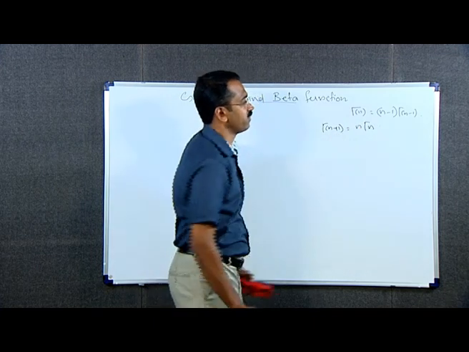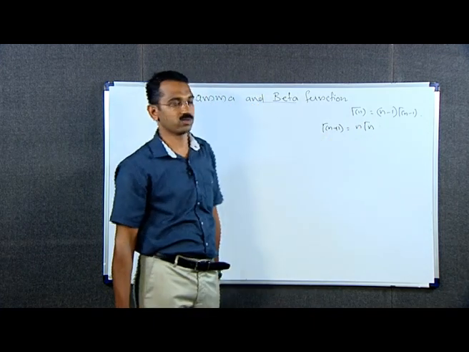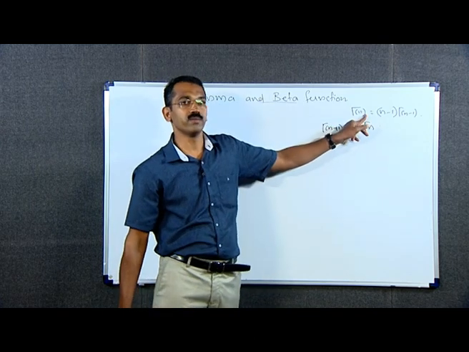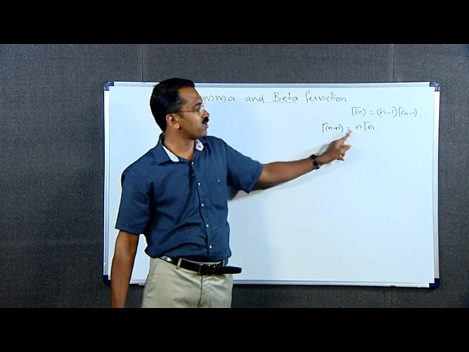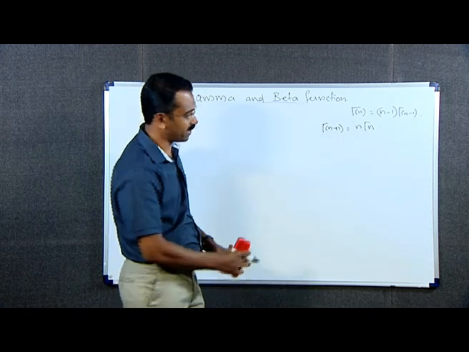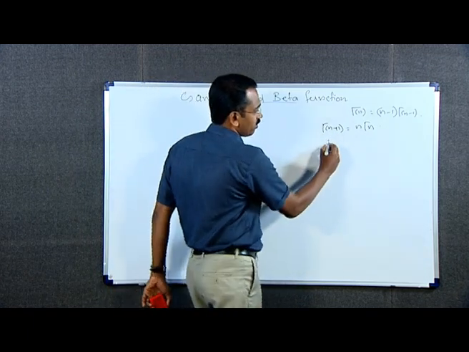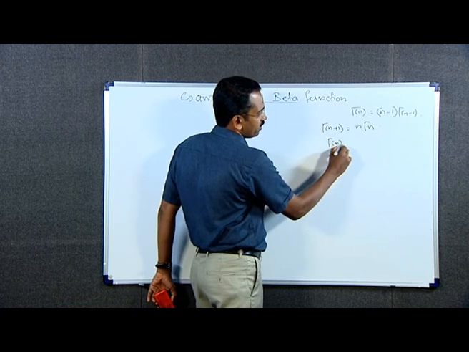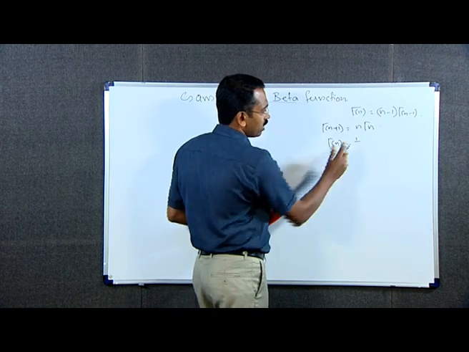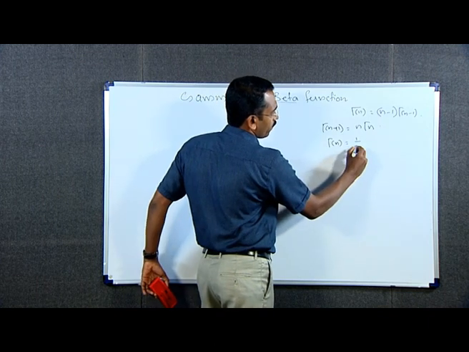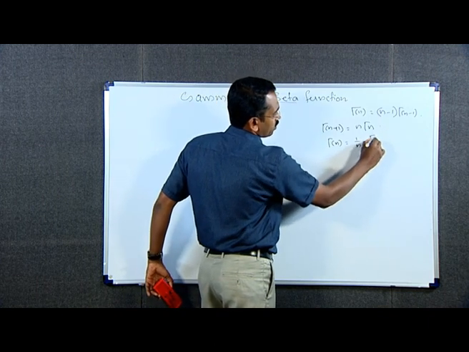We can write the same recurrence relation as gamma n plus 1 is equal to n into gamma n, or gamma n is equal to 1 by n into gamma n plus 1.